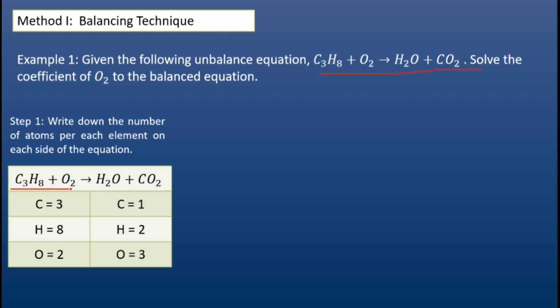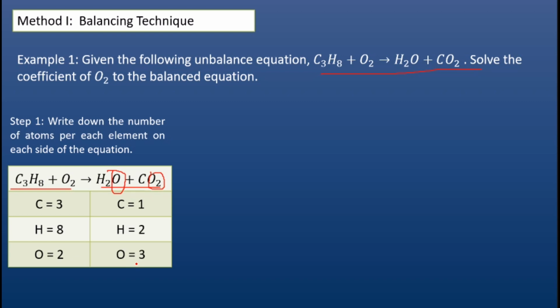For the right side, carbon is 1, hydrogen is 2, and oxygen is 3, because we have 1 oxygen here and 2 in the other, for a total of 3.